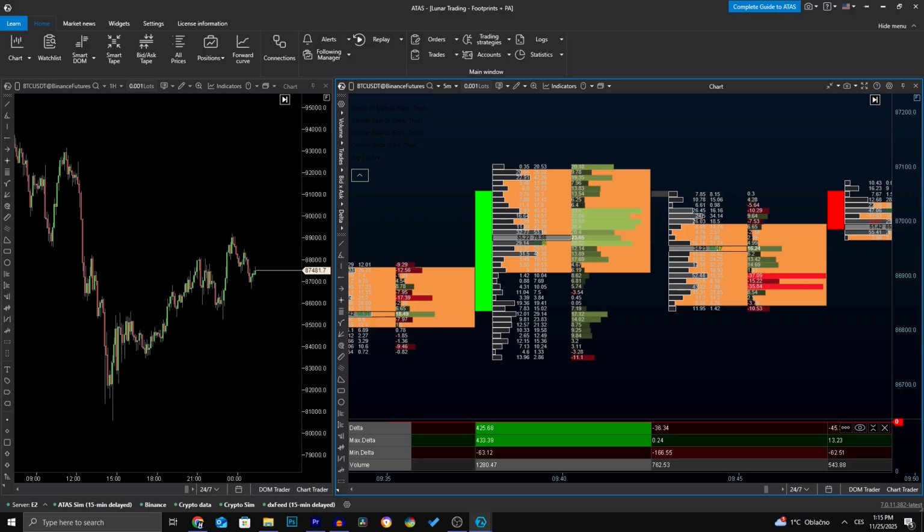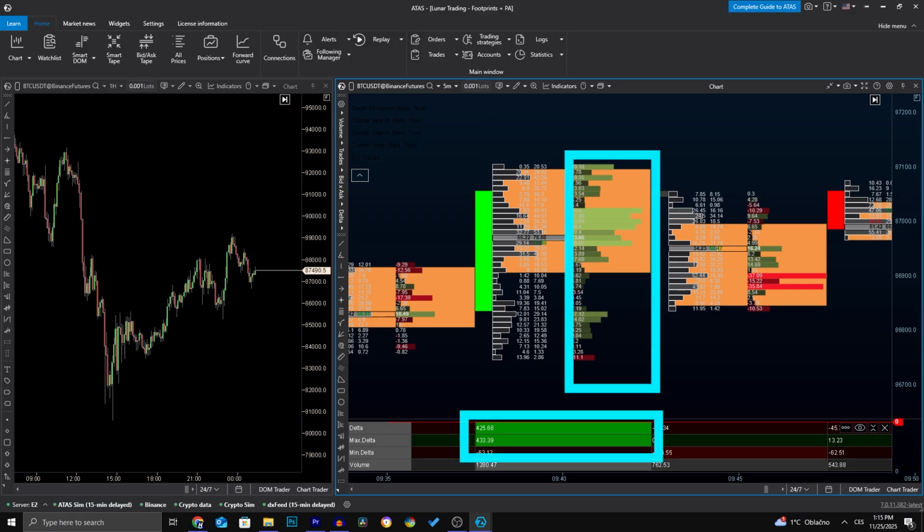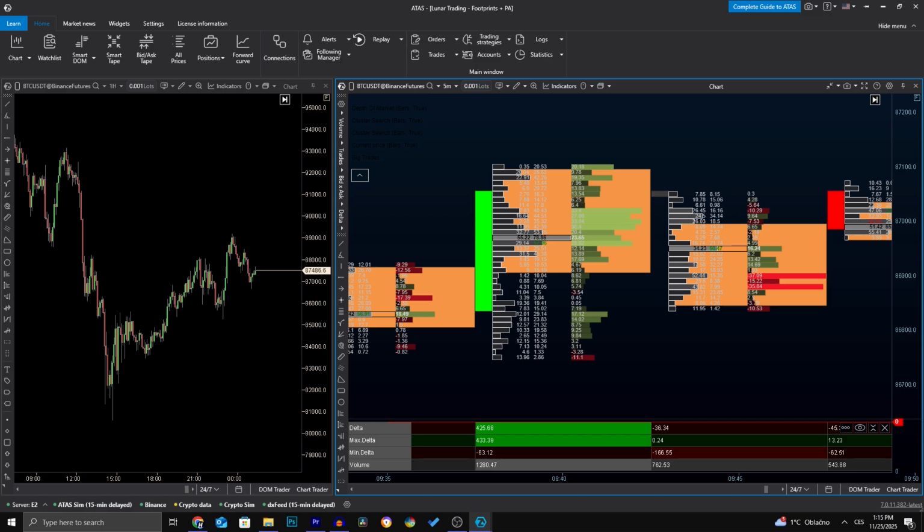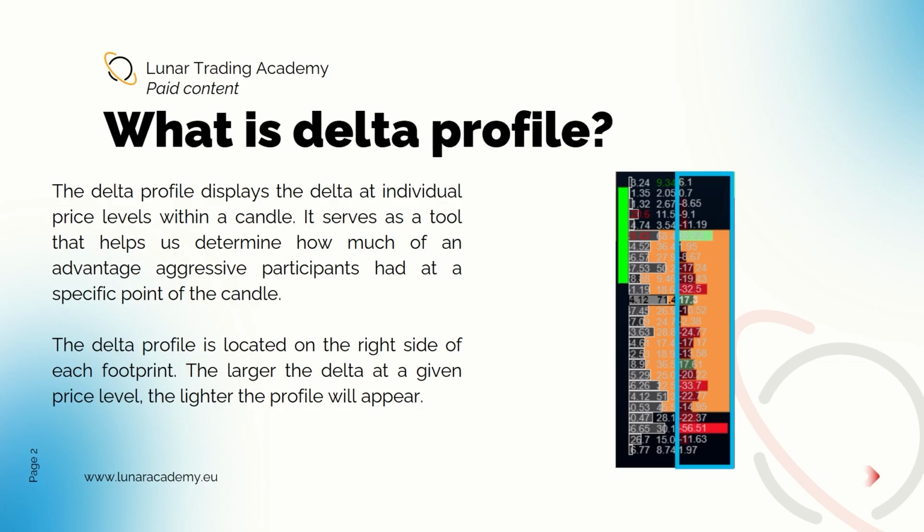The next aspect is called delta, which is also a very important part of my trading strategy. So let's take a look at delta and delta profile. The delta profile is located on the right side of each footprint, and the larger the delta at a given price level is, the lighter the profile will appear.